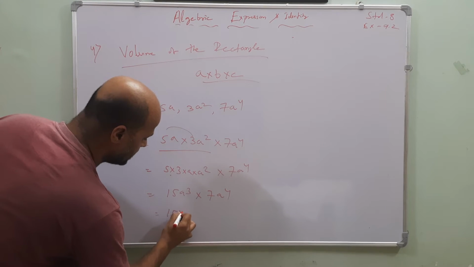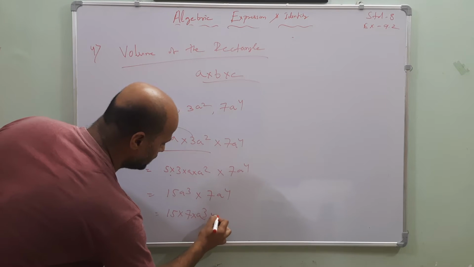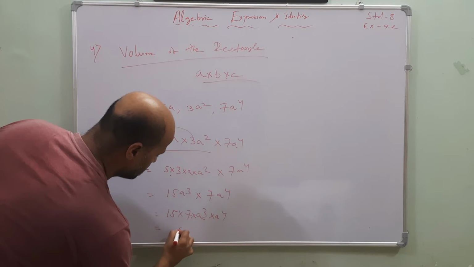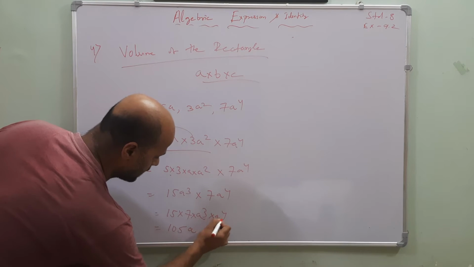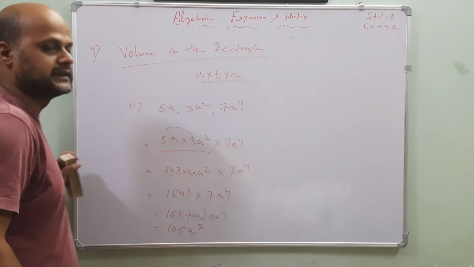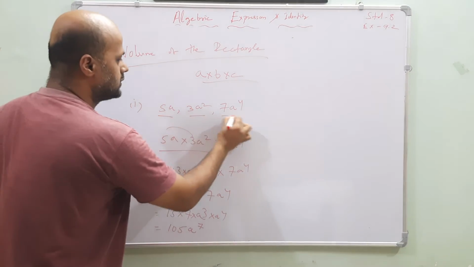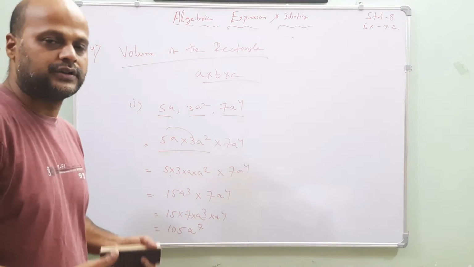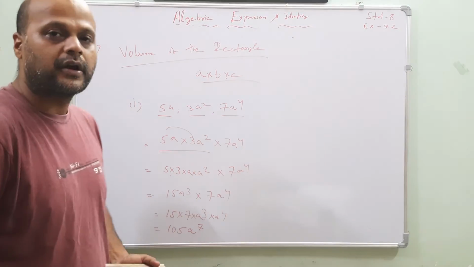Again 15 into 7, a cube into a fourth, 105 a power of 7. This is the volume of the rectangle with the three given sides. The answer is 105 a power of 7.